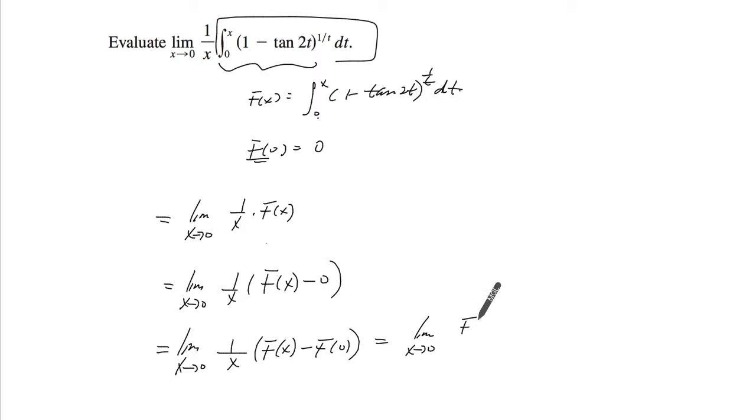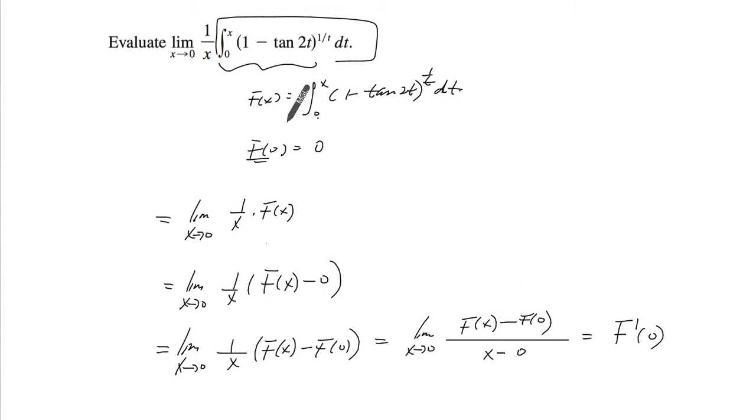So we get f at x minus f at 0 over, and once again, I can just write x minus 0. So what does this look like? This is the derivative. This is f prime at 0.